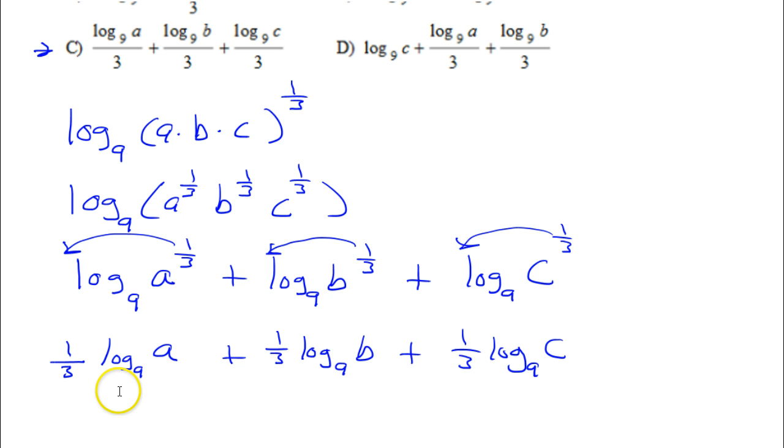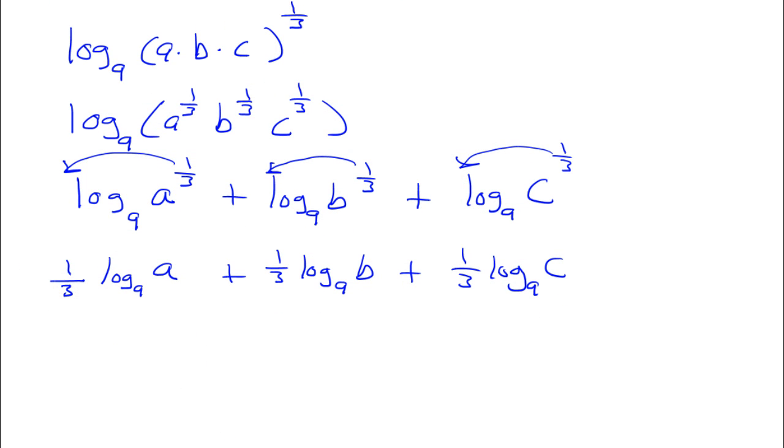Now, maybe right now you can see that this is equivalent to c. Having 1/3 times something is the same thing as having the log of that something divided by 3. That's supposed to be 9.